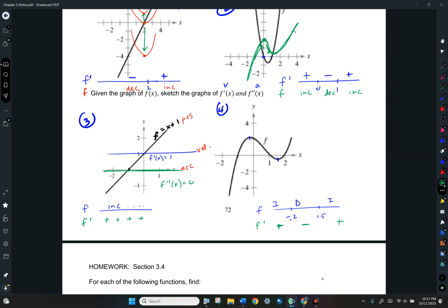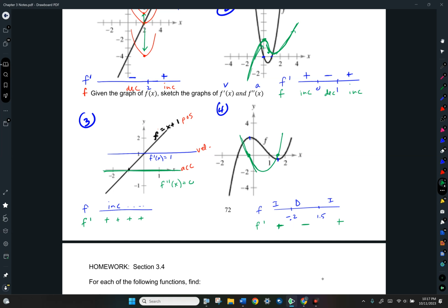So at negative 0.2, right in here, that's when the derivative graph went from above to below. And it stays below until I get to 1.5. And at 1.5, it goes back above.